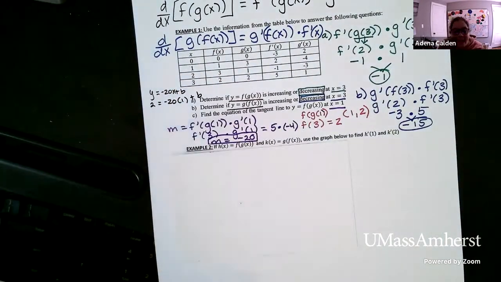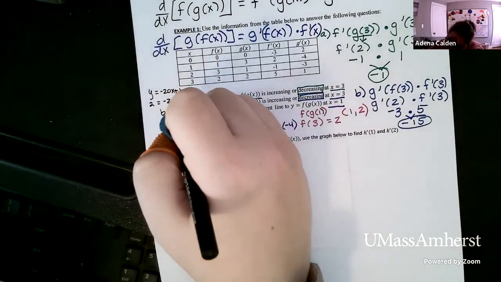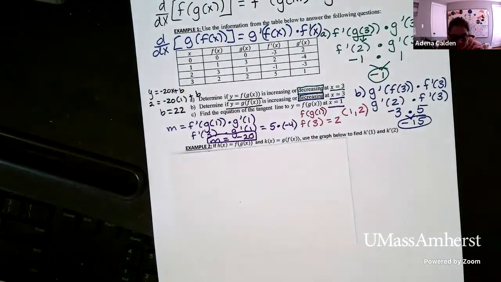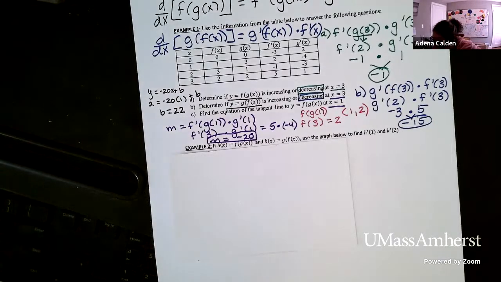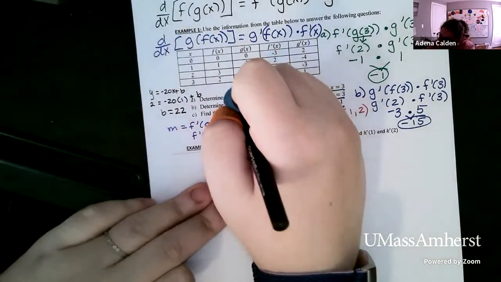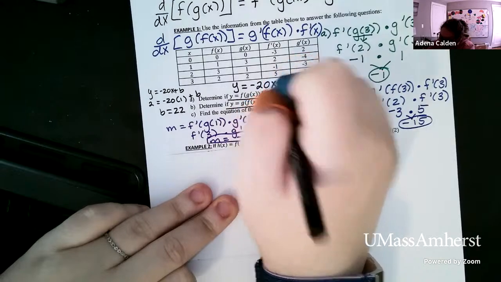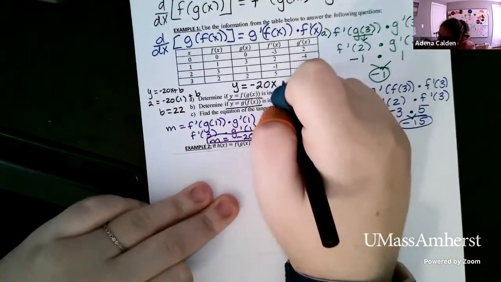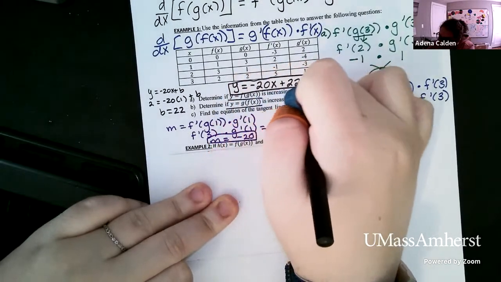Okay, so we're going to add 20 over to the other side, and we get b equals 22. So then our final equation, let's see, where can we write this? We'll write it right up here: y equals negative 20x, so that's our slope, plus 22, which is our b.